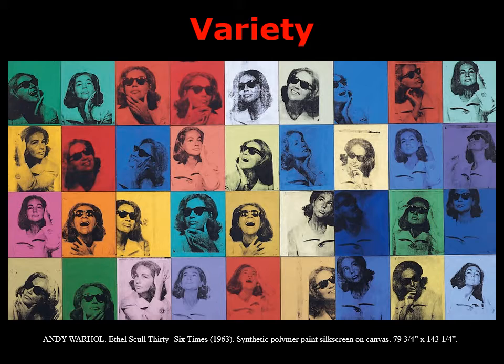While some appear pretty similar, they're actually pretty different. There are actually 36 different colors. Some of them differ just slightly. So as far as variety, Andy Warhol is giving us a lot, both with the color and the images of Ethel Scull. So a lot going on with this one.